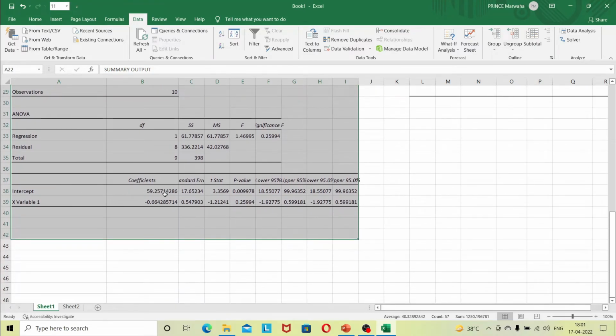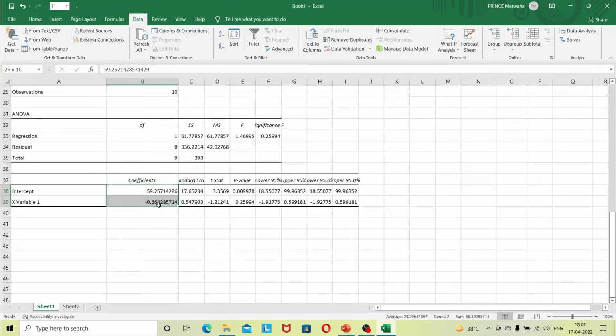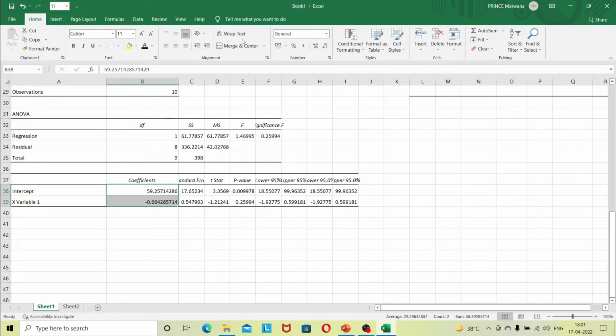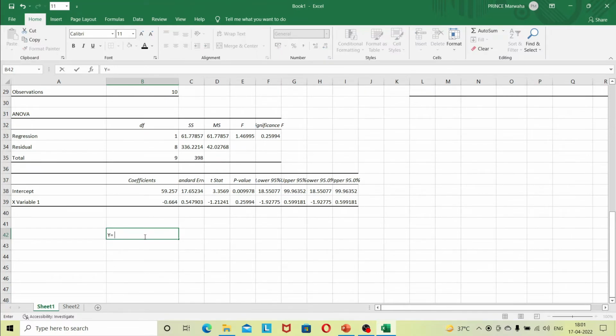It is depicting that you have these two variables, and we can use it to 4 digits or 3 digits. The intercept value is 59.257. The x variable is minus 0.664. As we want to calculate the regression equation y on x, that is y is equal to what?